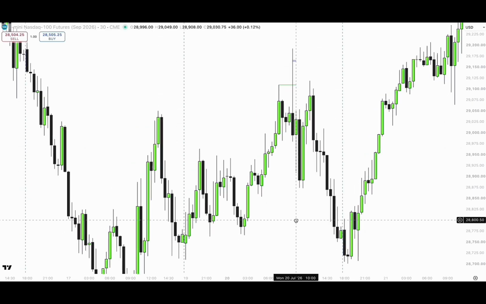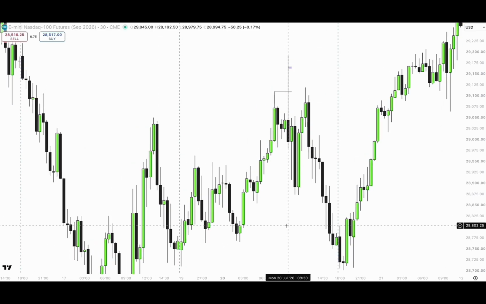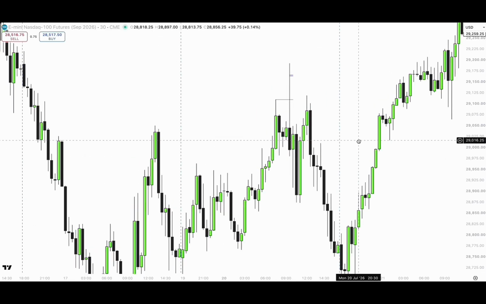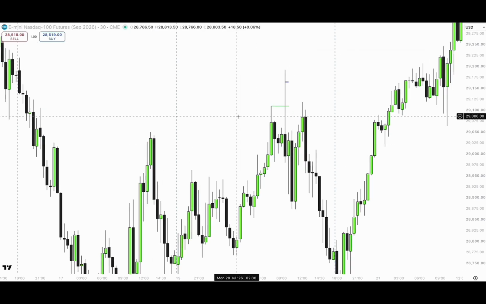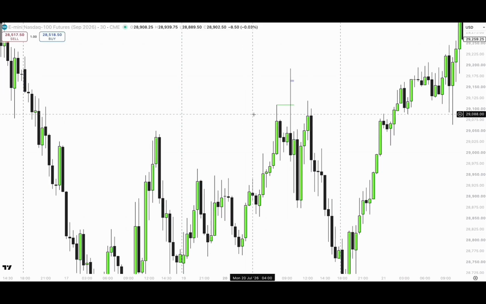Inside of the 30 minutes you also have smaller time cycles. Basically every time cycle that fits into this 30-minute cycle is a smaller cycle. For example, what fits into the 30-minute cycle? 15 minutes, because two 15-minute cycles are 30 minutes.